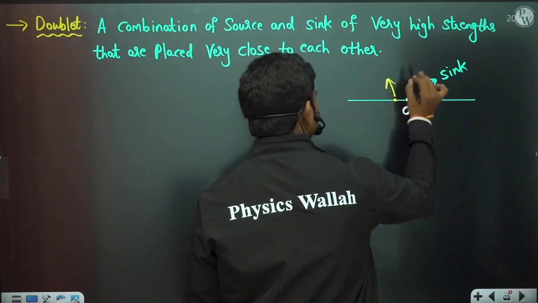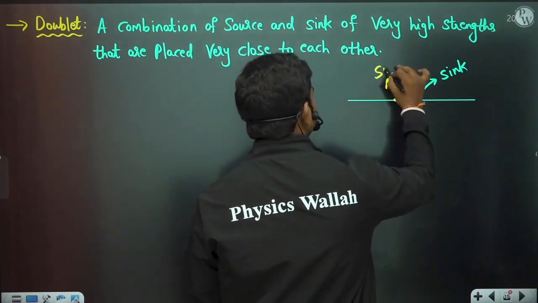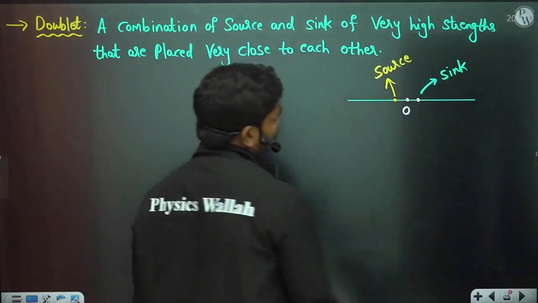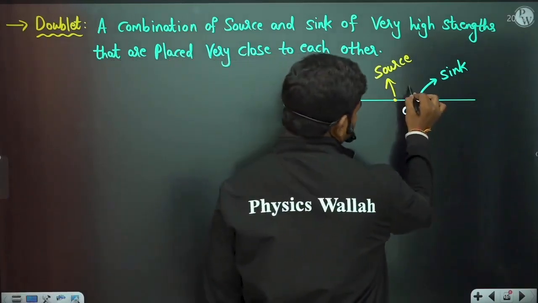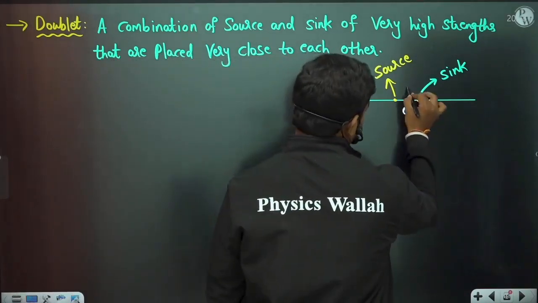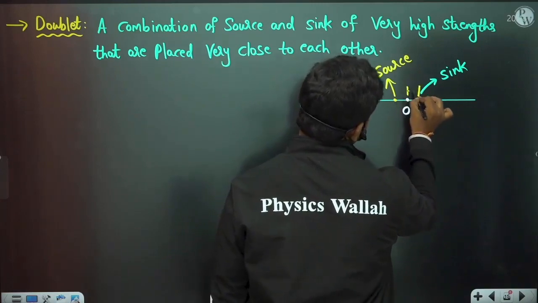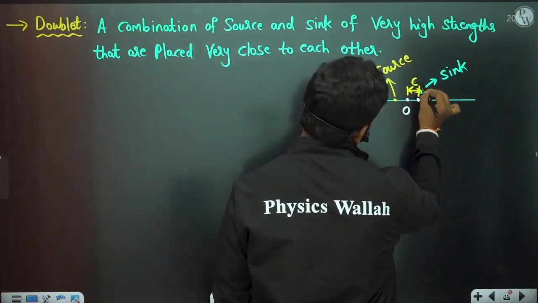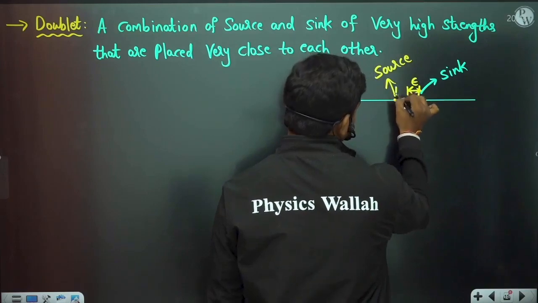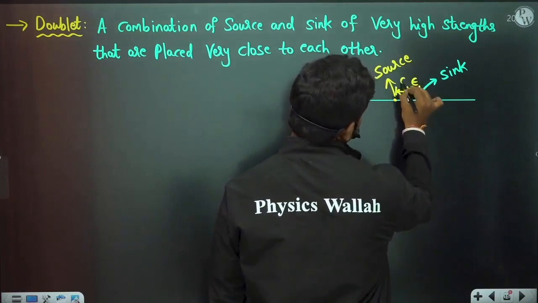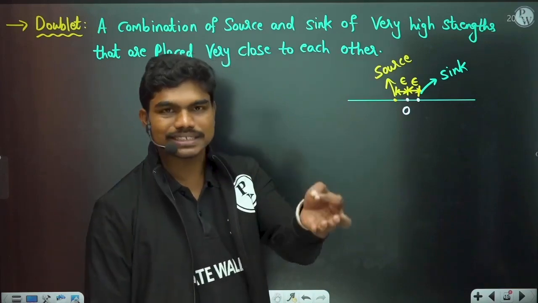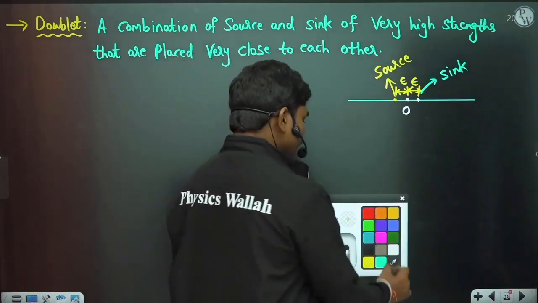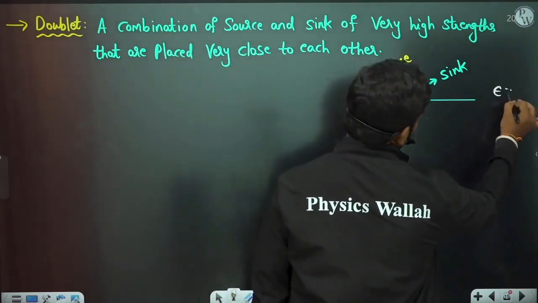You can interchange them also, nothing happens. Normally source and sink are taken this way. Since they have to be very close, let us suppose this distance is epsilon, which is very small. This distance is also epsilon. Epsilon is positive but very small, as in limits, but of course it is positive.